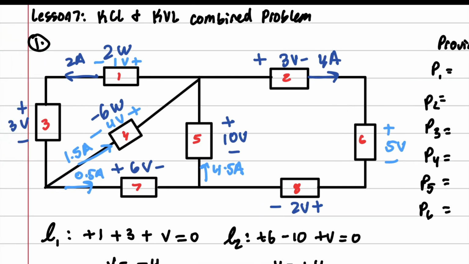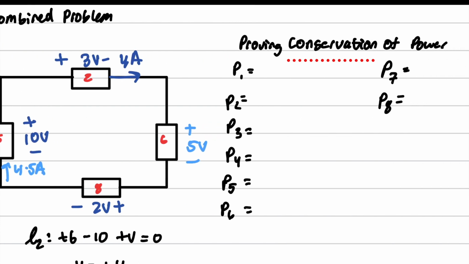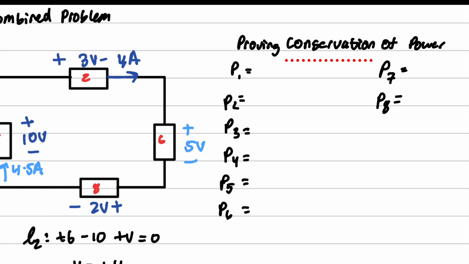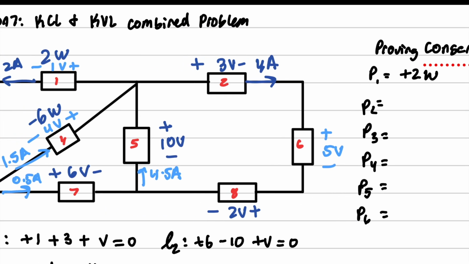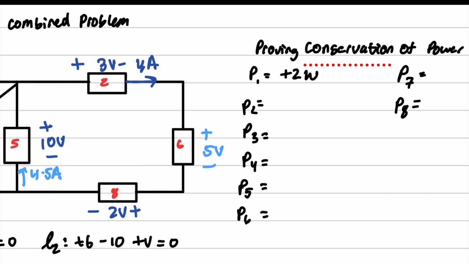Okay, so power of 1. Well, the power of 1 was given to us at the beginning of the problem, so we can just simply put plus 2 watts, right? Then power 2 is going to be plus 4 amps because it's going in through the plus way, times 3 volts equals plus 12 watts.